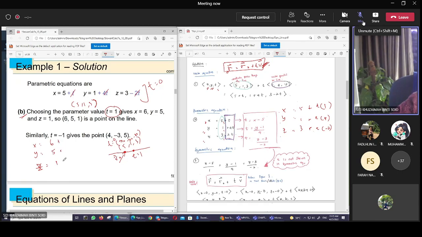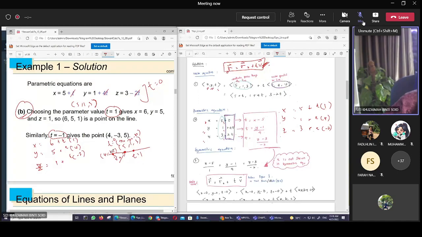But here the direction vector, in this case b, stays the same: 1, 4, negative 2, it doesn't change. Can you see? We have another set of equation of line. The same goes if we decide t equals negative 1. It is somewhere here, and it must lie on this line, so it becomes a coordinate: 4, negative 3, 5.